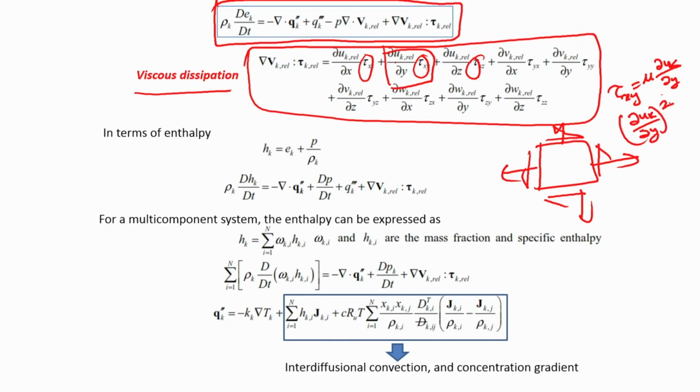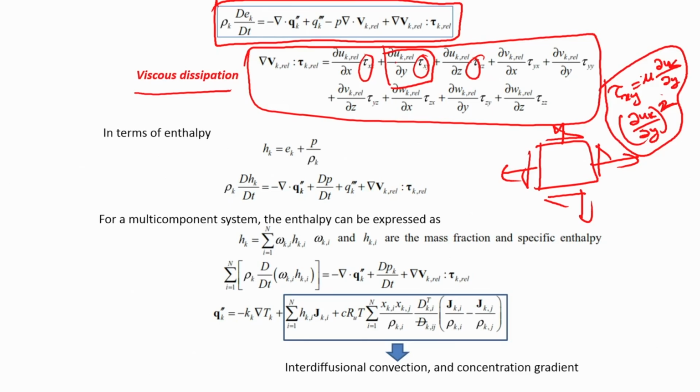That means it does not depend on what your gradient is. It can be a positive gradient or negative gradient, velocity can go up or down, but the square of that quantity is always positive. So, the viscous dissipation term throughout this expression is always a positive number. That is because of the square nature of this, and you can show it for the other terms also; it is always a square.